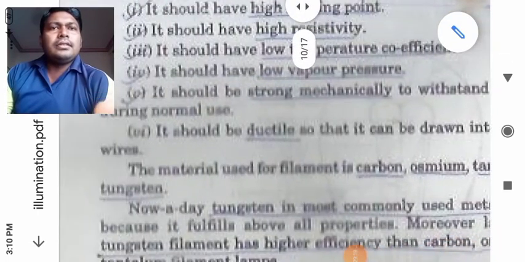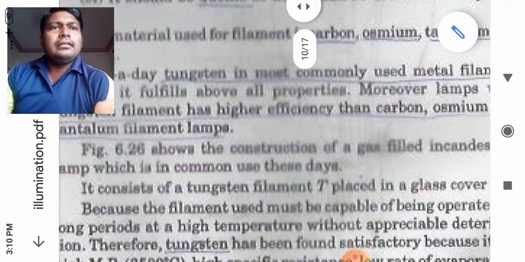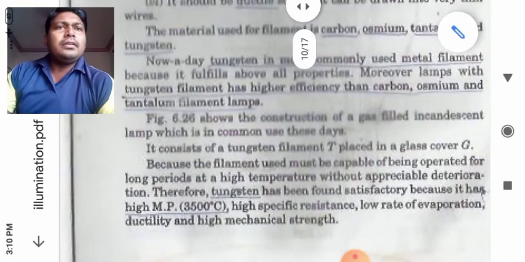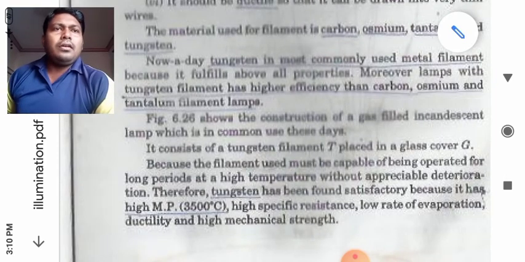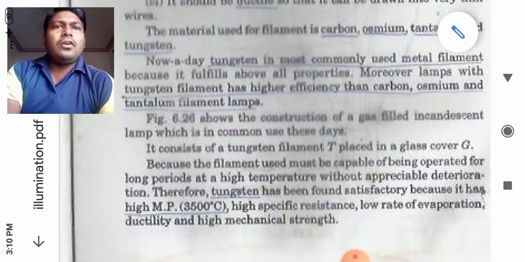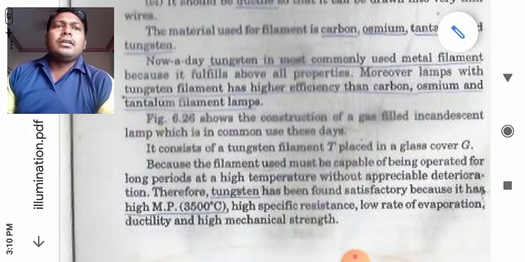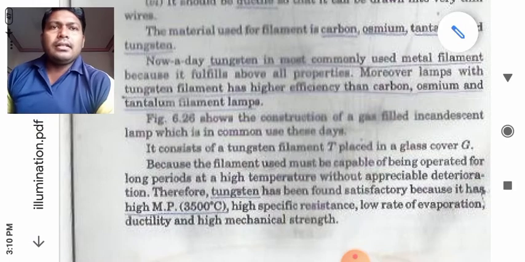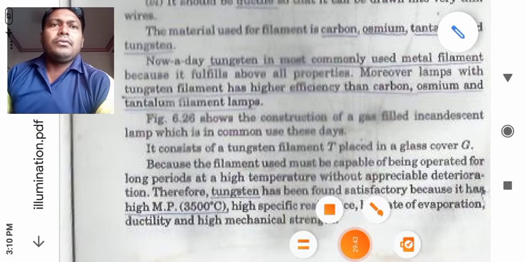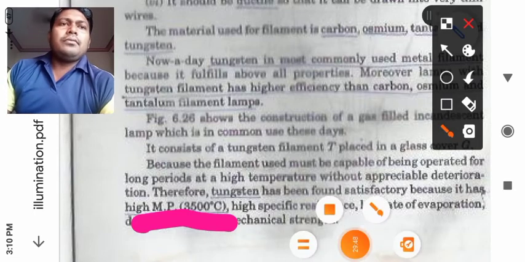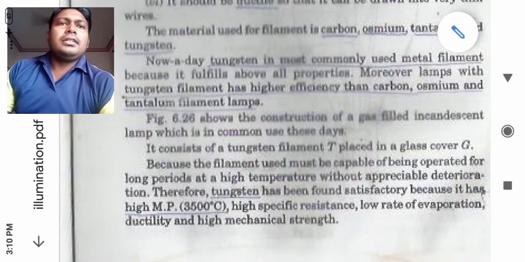This T is inside a glass cover, because the filament used must be capable of being operated for long periods at a high temperature without appreciable depreciation. Therefore tungsten has been found satisfactory because it has a high melting point, of the order of 3500 degrees centigrade. You have to remember this temperature. In the theory of the incandescent lamp, you also have to mention the temperature which it can withstand.